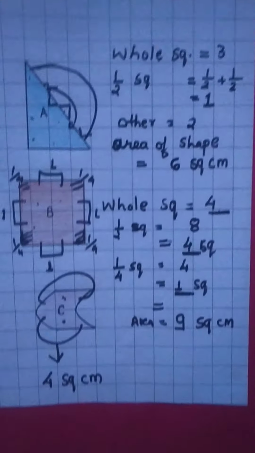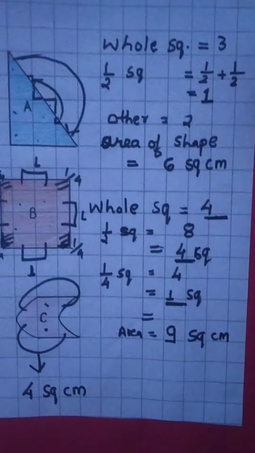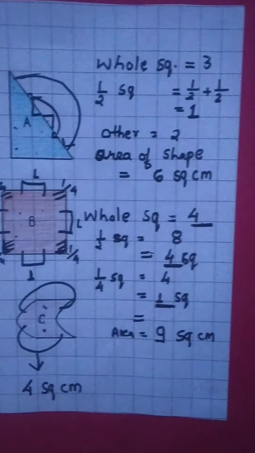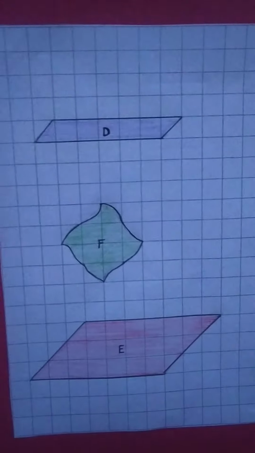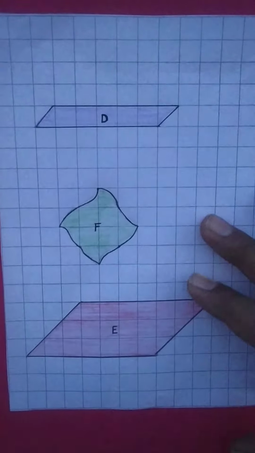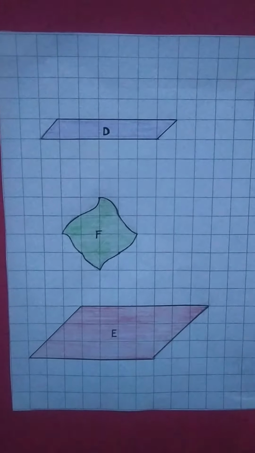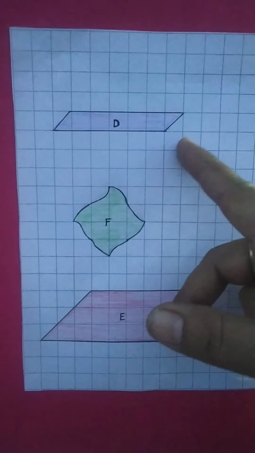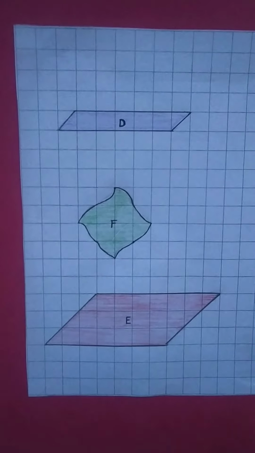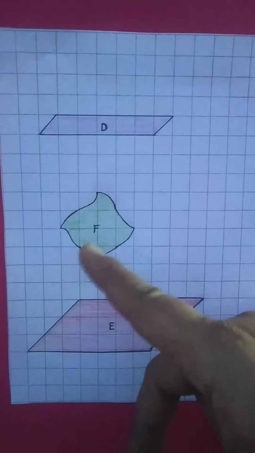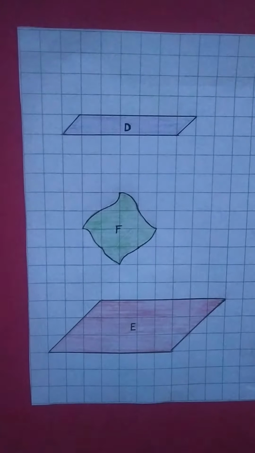These are some interesting shapes of which we calculated the area. Now this is your homework, children. You calculate the area of these given shapes by calculating half parts and whole parts of the squares inside the shapes or the shaded part.